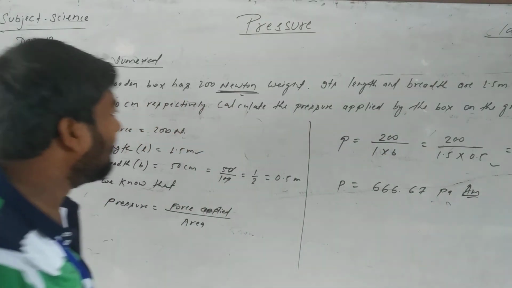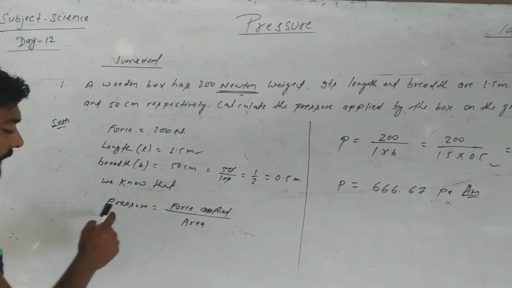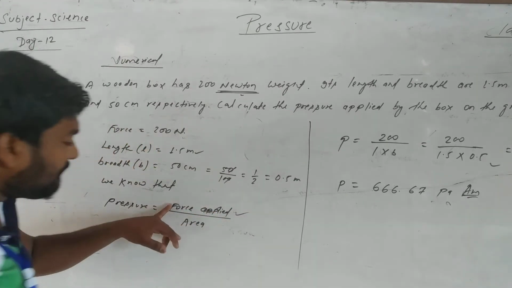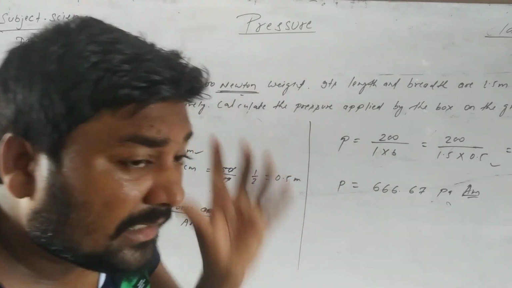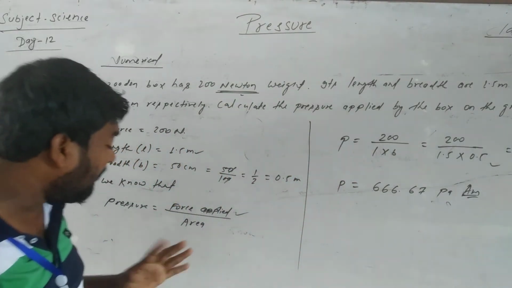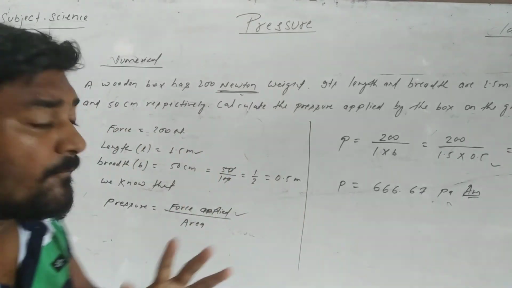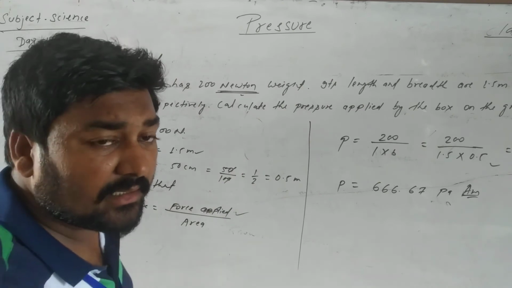Like this. Firstly, to find out the pressure, we should know the value of force, then upon area. The value of area might not be given directly in the question.